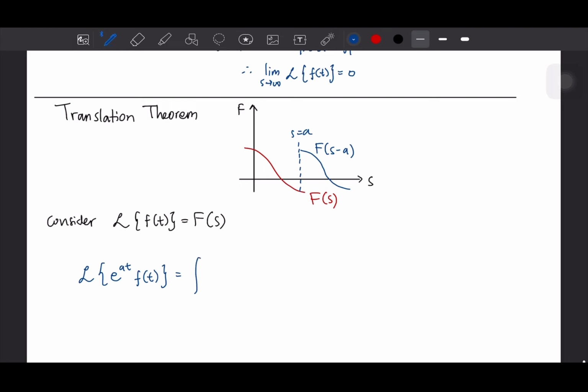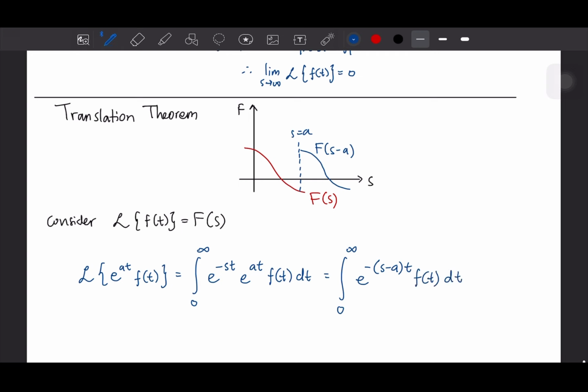If we take this using the Laplace definition, then we have the integral of the multiplication of e to the at and f of t dt. And the result is actually e to the power of negative (s minus a) t times f of t dt.